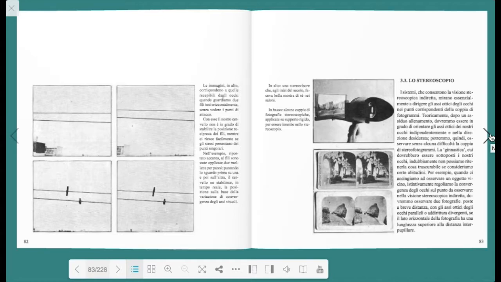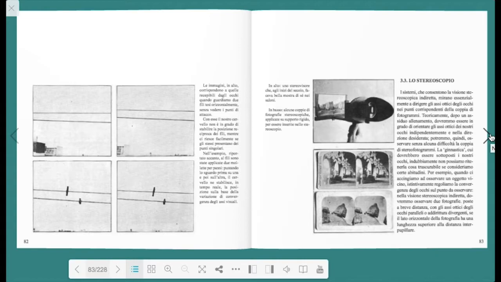We could therefore observe the pair of stereophotograms without any difficulty. This gymnastics of the eyes undoubtedly cannot be considered negligible if we consider certain habits. For example, when we are going to observe a nearby object, we instinctively adjust the convergence of the eyes on the point to be observed.